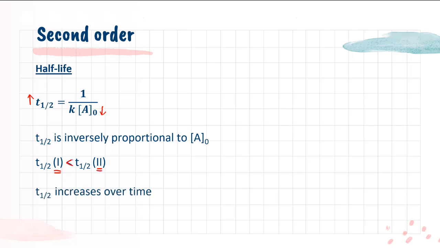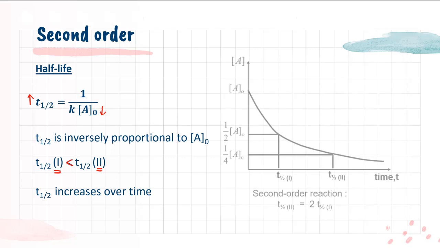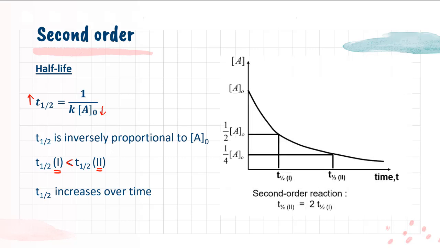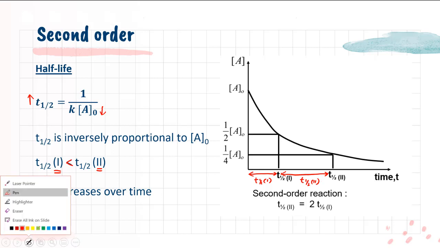Looking at the graph of concentration against time, the first half-life is smaller than the second half-life. So remember the trend for second order: the half-life increases over time.